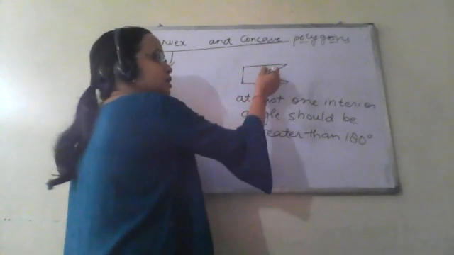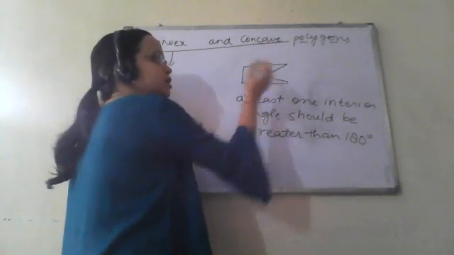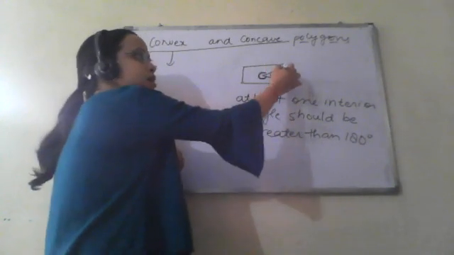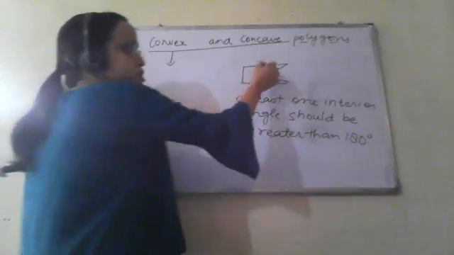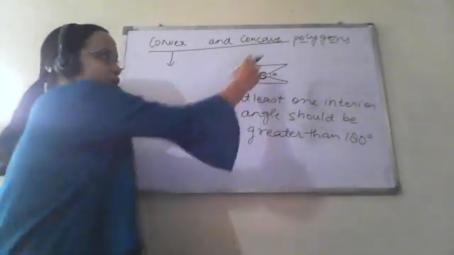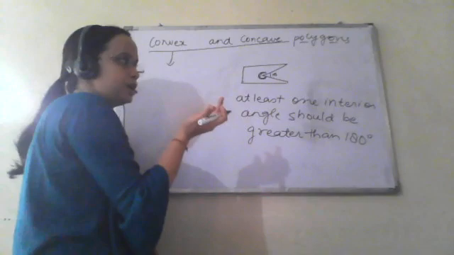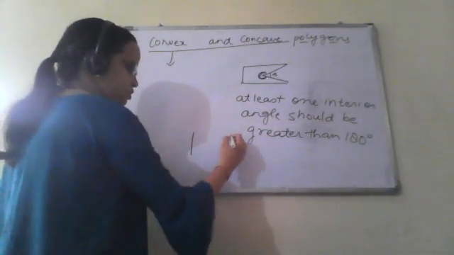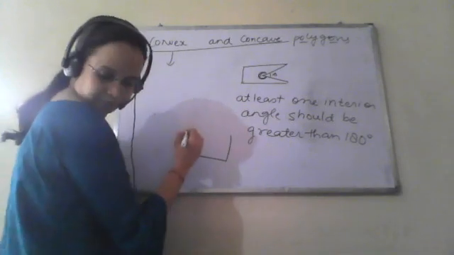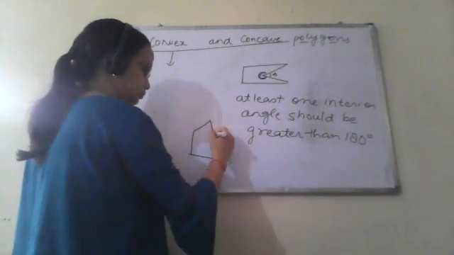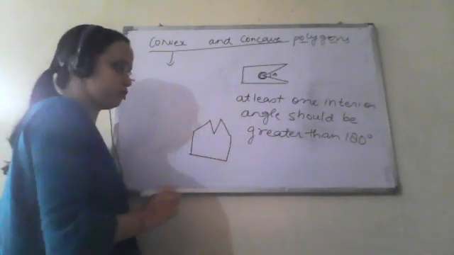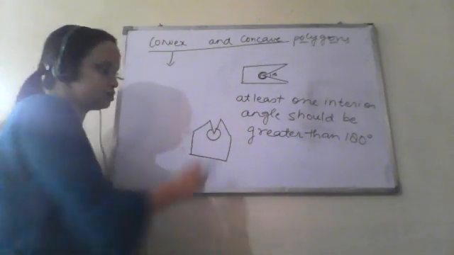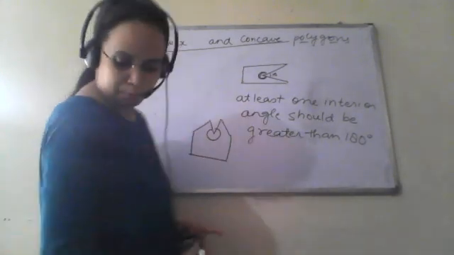Now in this figure, if we consider this angle, it is less than 180 degrees, and the complete angle is 360 degrees. So this angle will be more than 180 degrees. One interior angle is more than 180 degrees, so it will be a concave polygon.